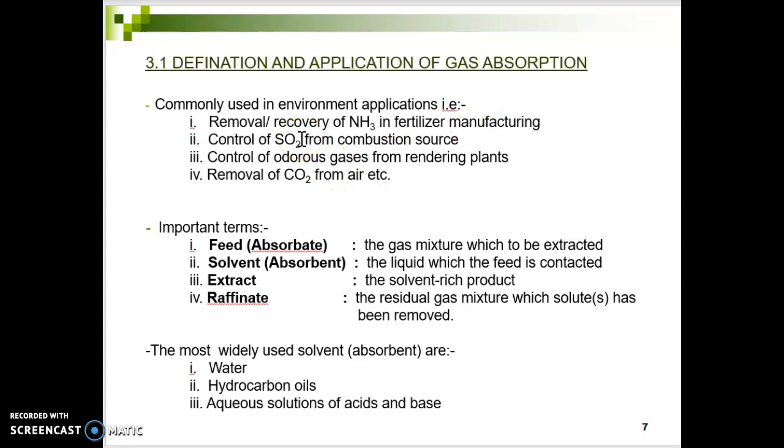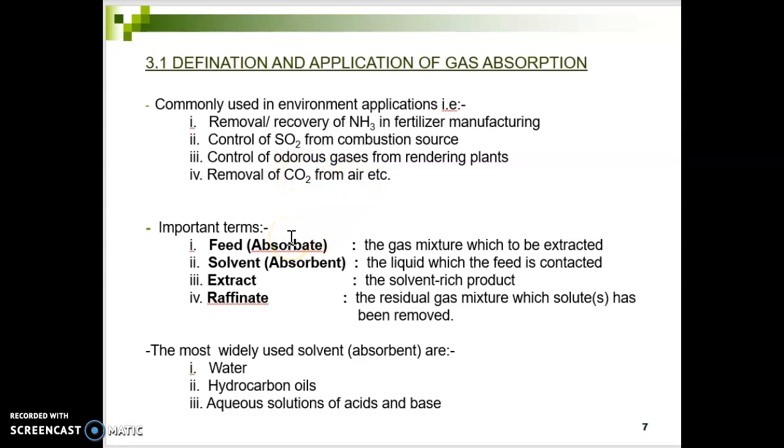And then we also want to control the emissions of CO2 from combustion sources, also other gases from rendering plants, and the removal of acidic gas CO2 from air.